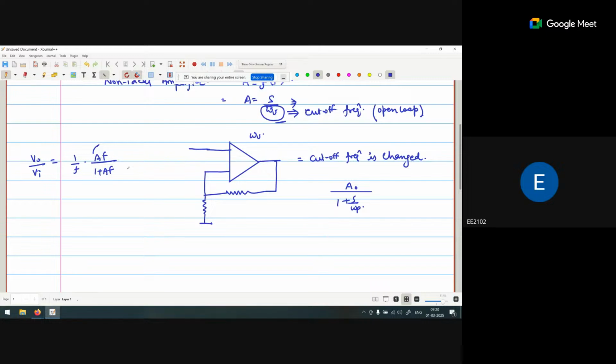So if I put this value as A equal to A naught upon 1 plus s upon omega p, this will be 1 by f into A naught upon 1 plus s upon omega p times f upon 1 plus A naught upon 1 plus s upon omega p times f.